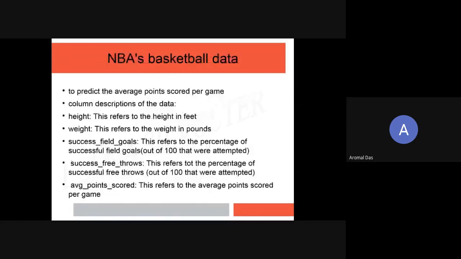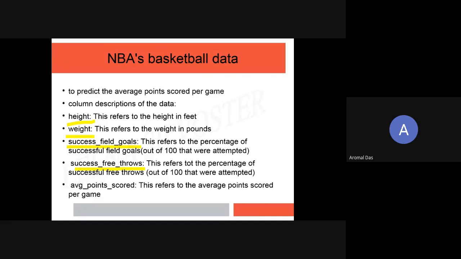Okay, to predict the average points scored per game, the column descriptions are height, weight, success field goal. This refers to the percentage of successful field goals. Success free throws. This refers to the total percentage of the successful free throws.